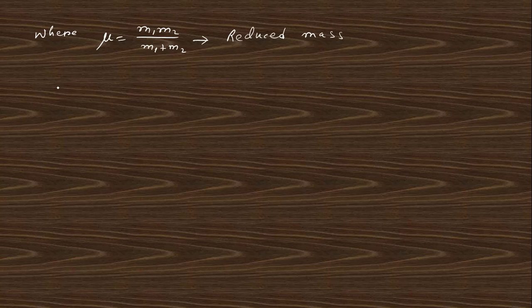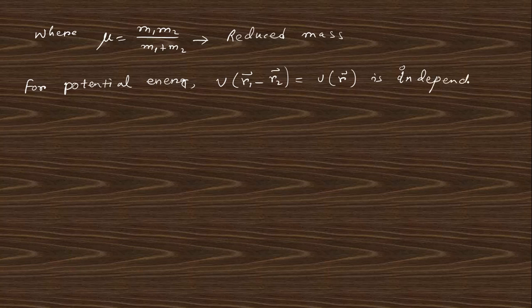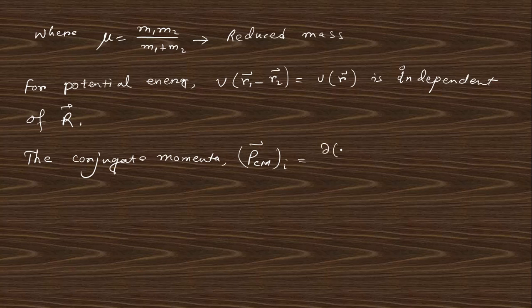And for the potential energy, U of r1 minus r2 is U as a function of r, which is independent of R. And the conjugate momenta of this two-body system, that is del of kinetic energy minus potential energy with respect to R_i dot, is nothing but M R_i dot, which are conserved.